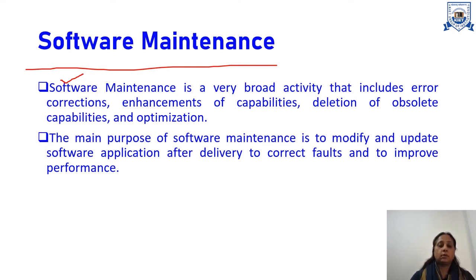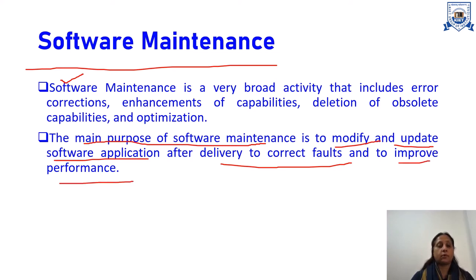Once we deliver the software, any error we correct, any enhancement that is done, all things come under software maintenance. What is the purpose of software maintenance? Its purpose is to modify and update the software application after delivery to correct faults and improve performance.